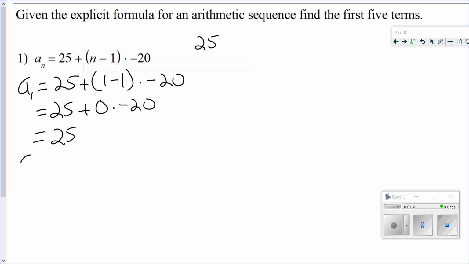Now I'm going to do a sub 2. That's going to be equal to 25 plus 2 minus 1 times negative 20.